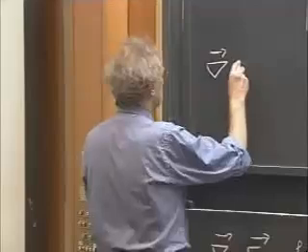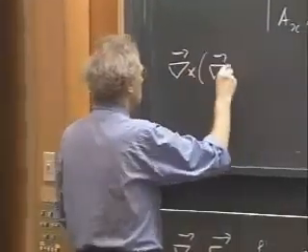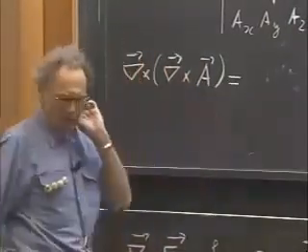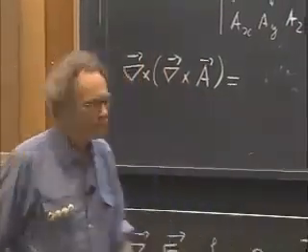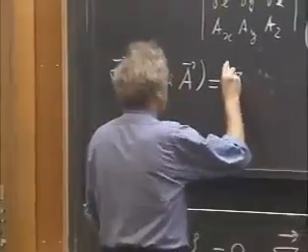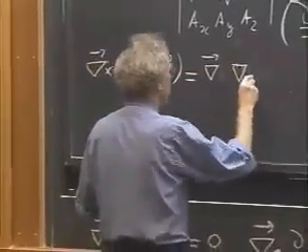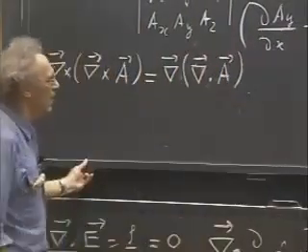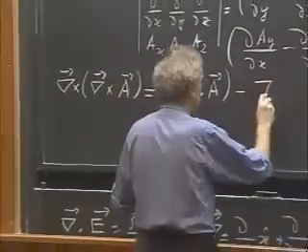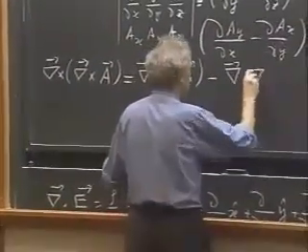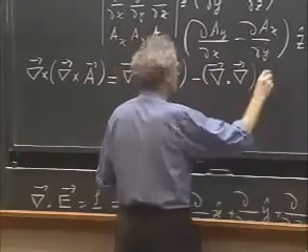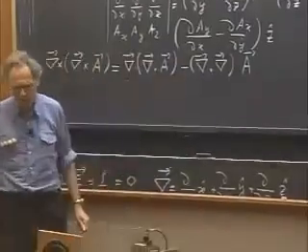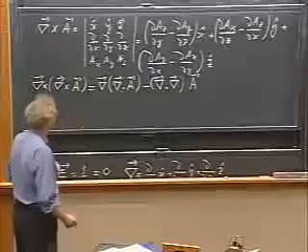The curl of the curl of A, and I will show you the result without proof, is the gradient of the divergence of A minus del dot del of vector A. And this we often write simply as del squared.